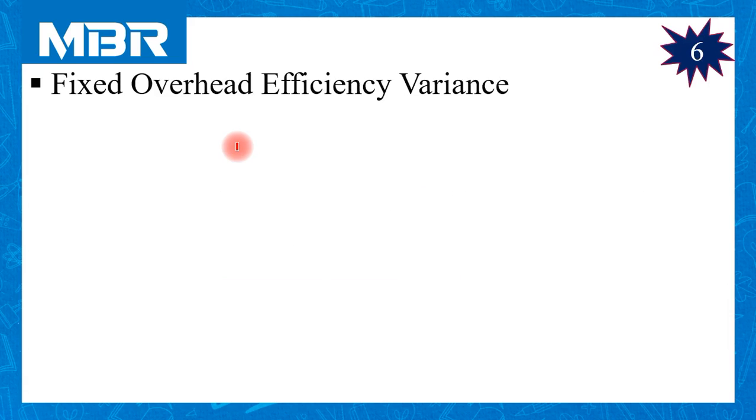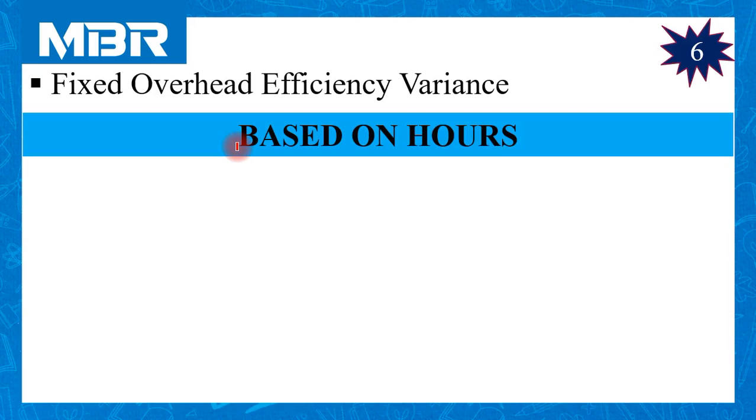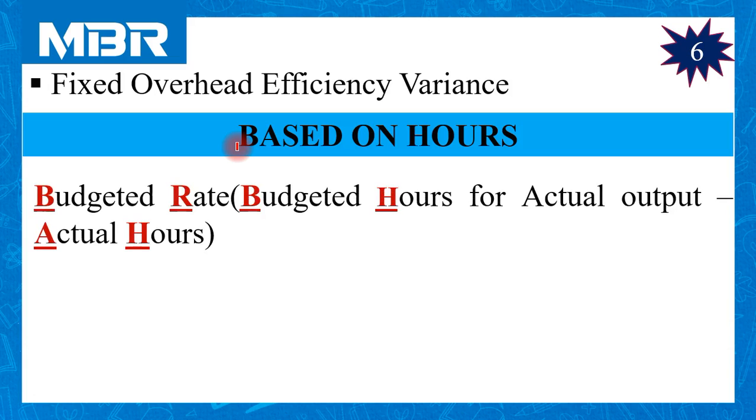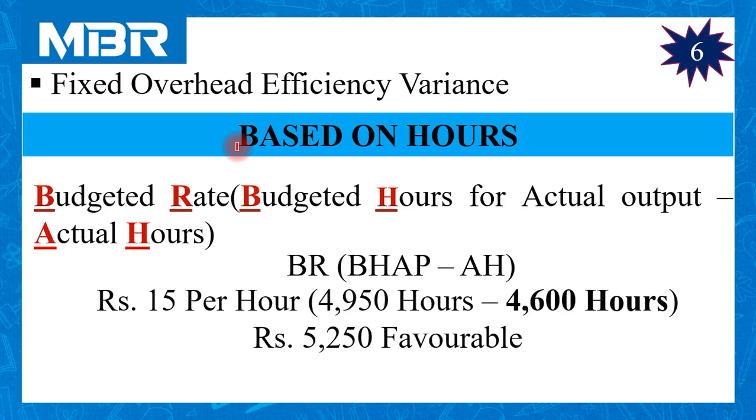Let us calculate efficiency variance first. As you all know, we can calculate our efficiency variance using two different methods. Either it should be based on hours or it should be based on output. Let us calculate based on hours. Budgeted rate into bracket budgeted hours for actual production minus actual hours.